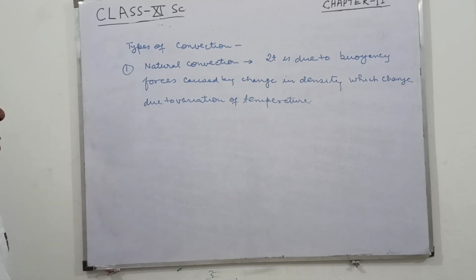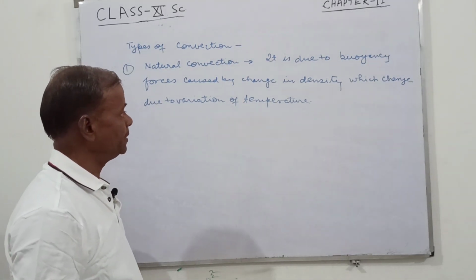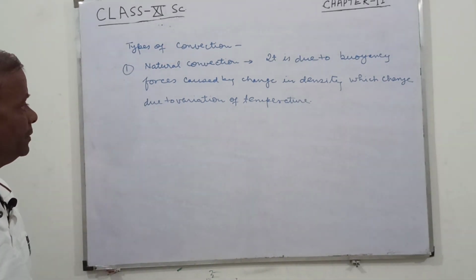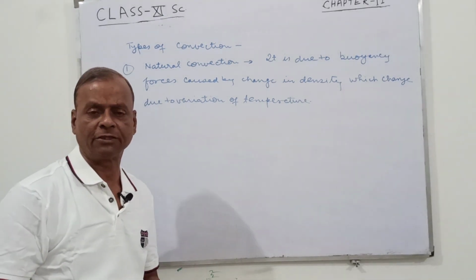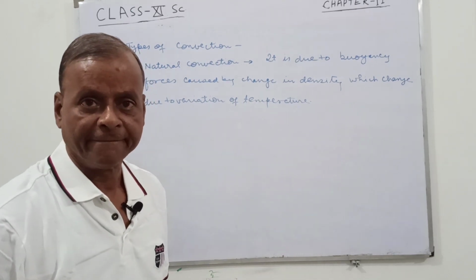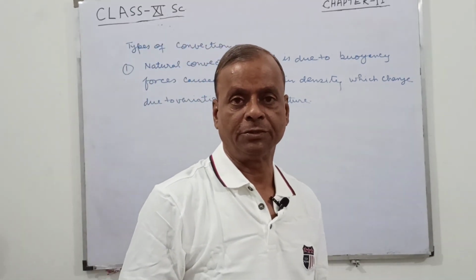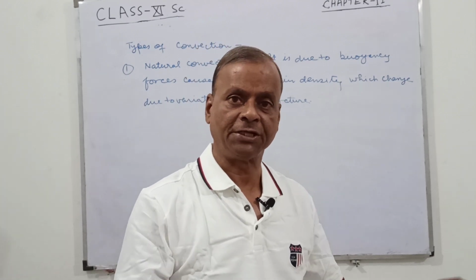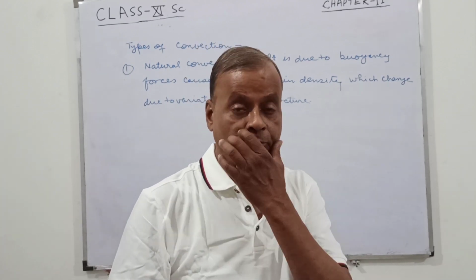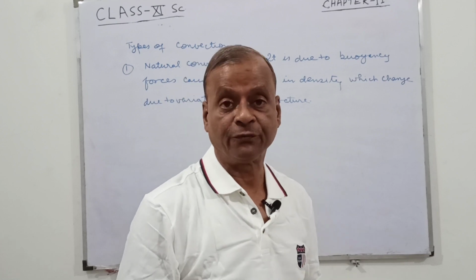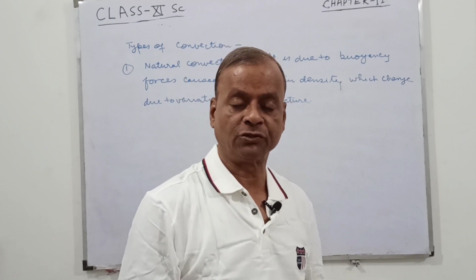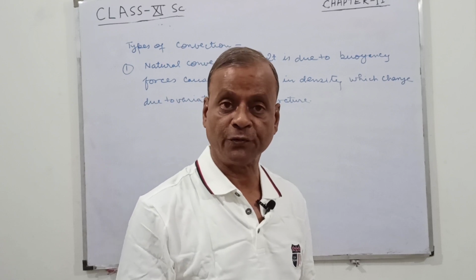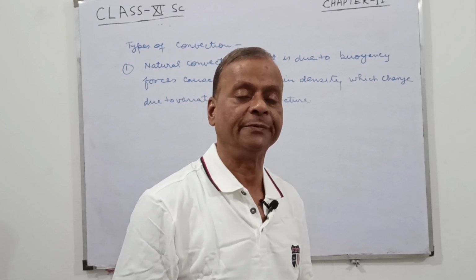Natural convection is due to the buoyancy forces caused by change in density, which change due to the variation of temperature, because we know that when temperature is raised, the density of the fluid changes, and as a result it expands. So the buoyant forces are created, because of which the fluid flows from higher temperature to lower temperature.